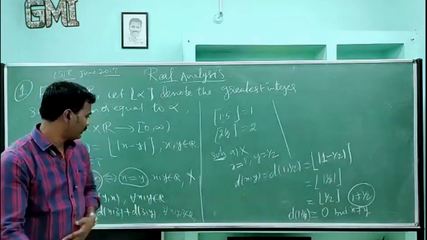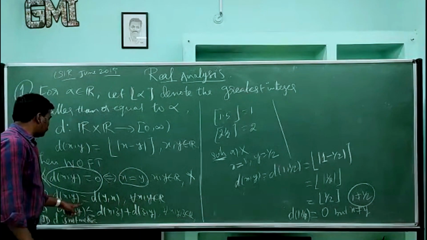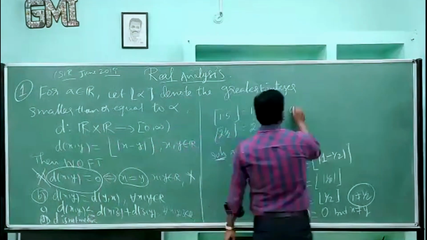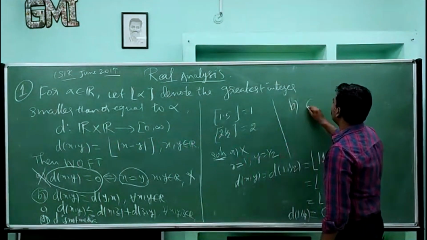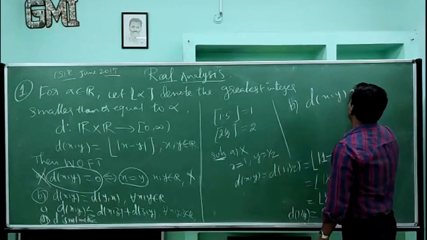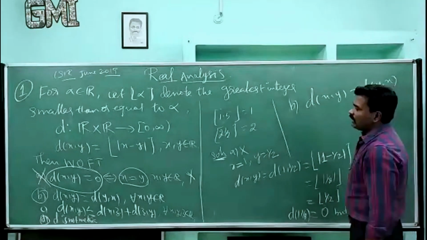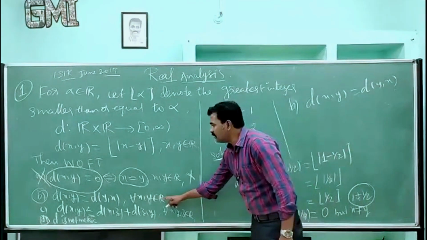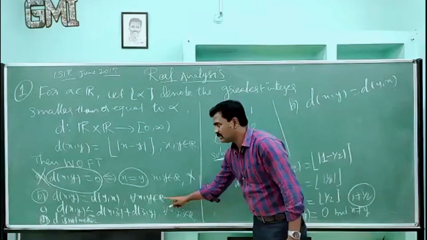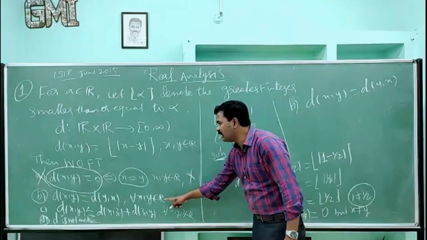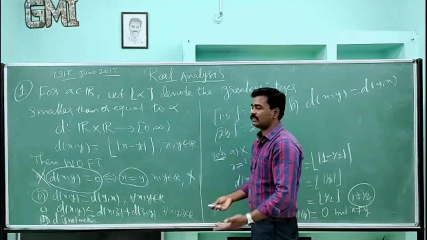Okay. Anyway, fine. So what about the second option? Second option B: d(x, y) = d(y, x). We have to show this is a true statement, which means we have to prove it.